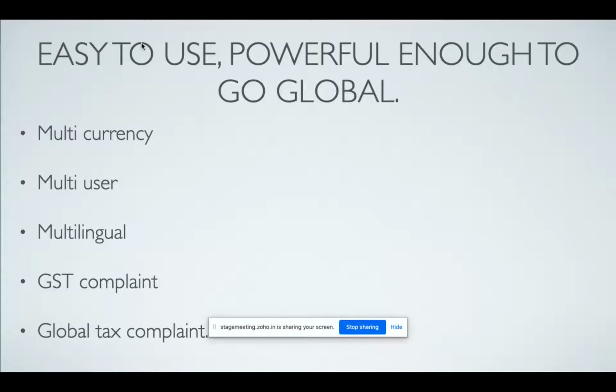Shimbi Invoice is not only multi-user and multi-currency, but it is also multilingual. This feature is right now not publicly available, but we are doing beta testing and offering it to customers on demand. That means you can send your invoice in any language to your customer, probably the language which your customer understands very well.